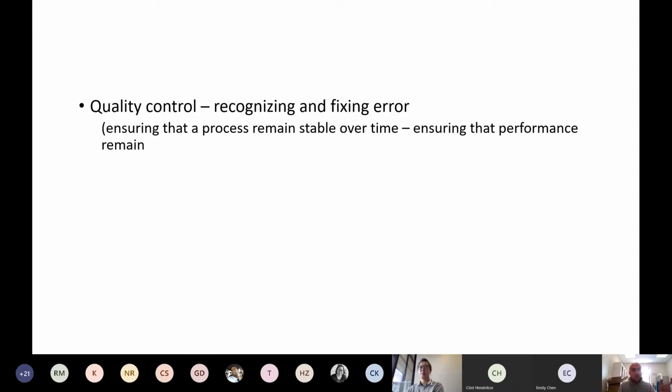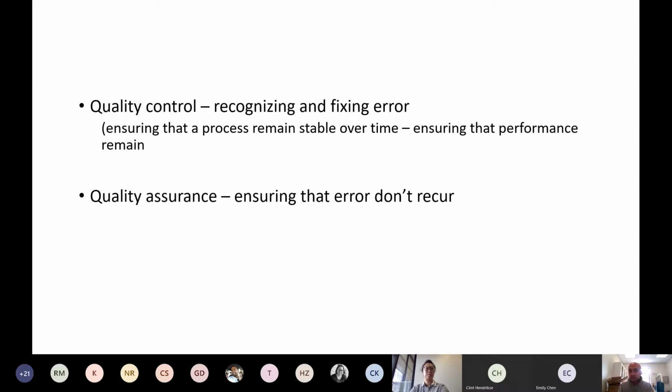For example, I want every single patient to be triaged. If they're not triaged, we address it and we can move on. That's quality control. The goal is everybody needs to be triaged, if not triaged, we fix it. It's usually a binary thing, but that's quality control.